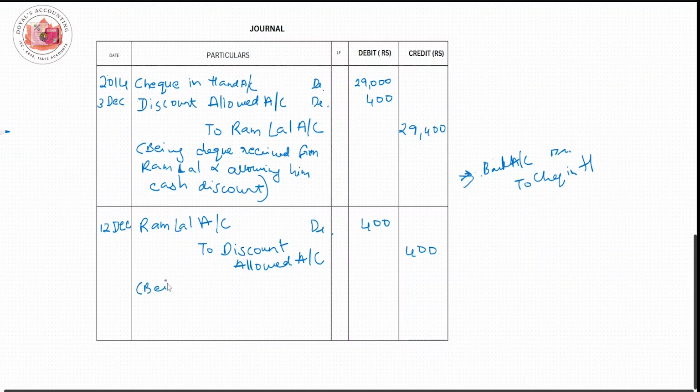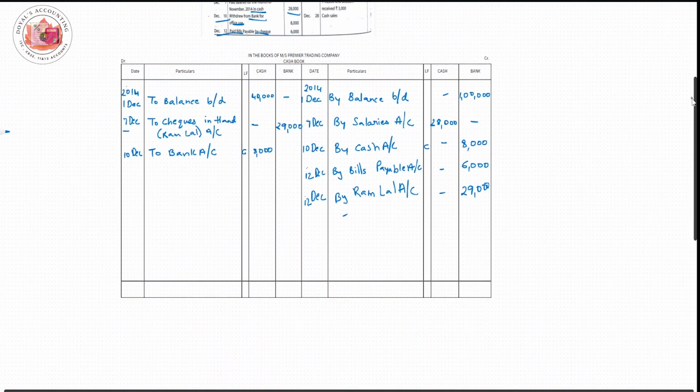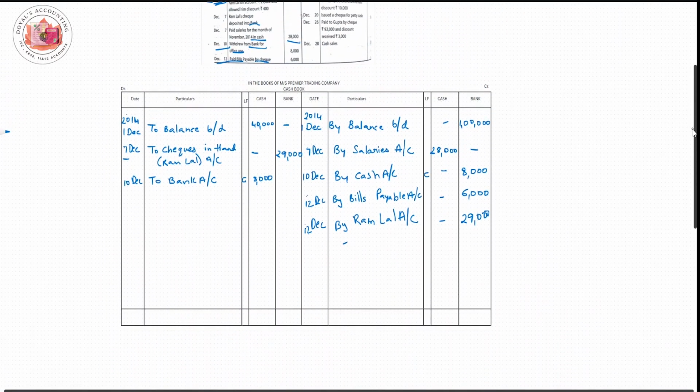Being check cancelled due to dishonor of check. Okay, this we won't write in the journal because cash book is our book of original entry, right? We record that transaction in the cash book itself.